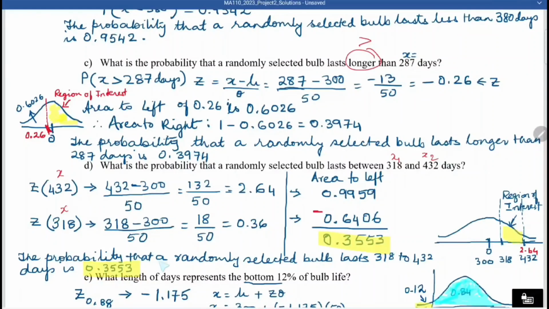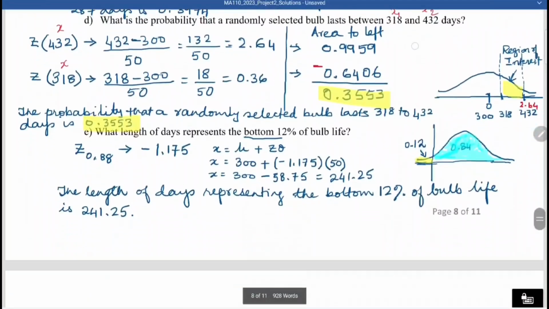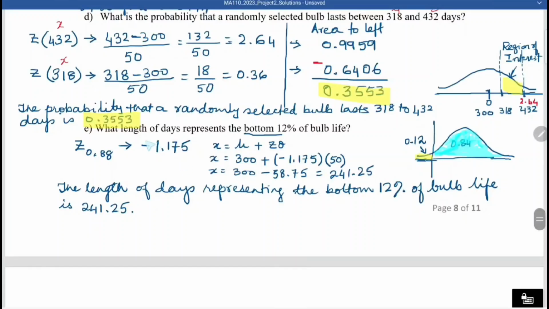So the probability that a randomly selected bulb lasts 318 to 432 days is 0.3553.